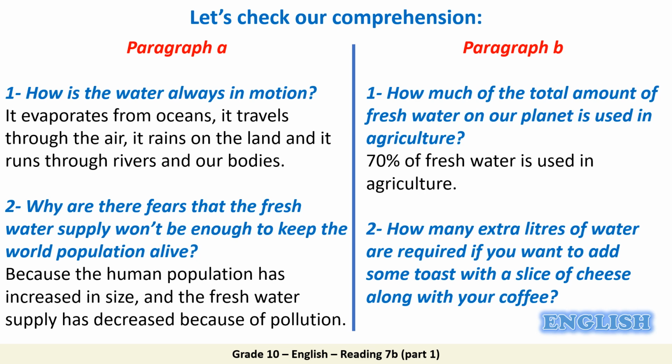Now question 2. How many extra liters of water are required if you want to add some toast with a slice of cheese along with your coffee? Very good. So that was in paragraph B. You need to add 49 liters of water.